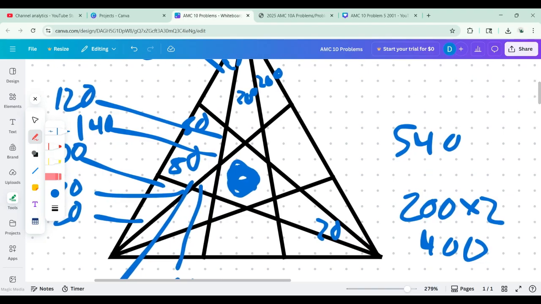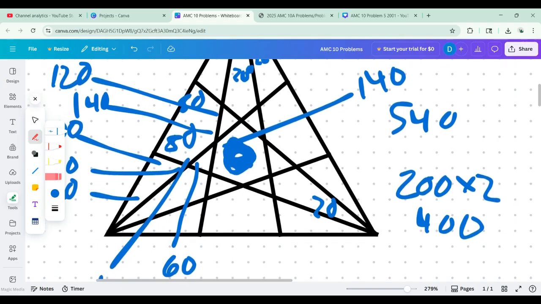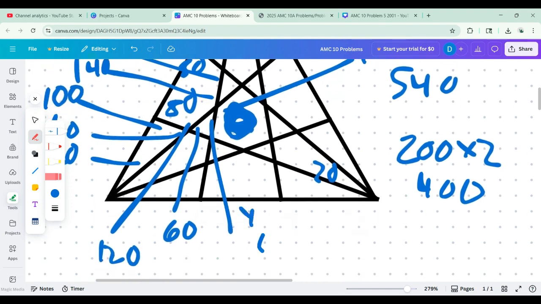And now we're closer to the middle, as you'll see right here. So this angle, because of vertical angles, 140 as well, and 140 as well. This is 40. That means this is 100.